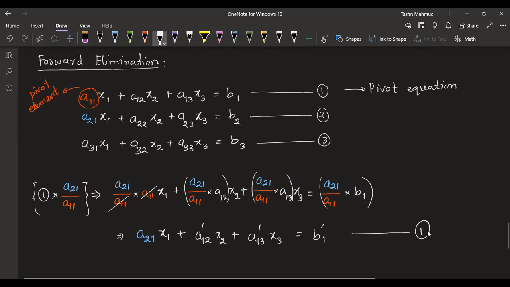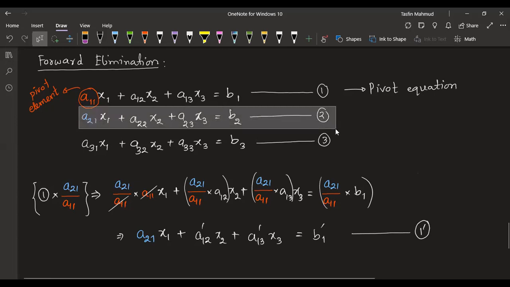So now what I have to do, our target was to eliminate this term, right? If I now subtract this 1 prime equation from 2, then this term would be eliminated. Okay, let me copy this equation.